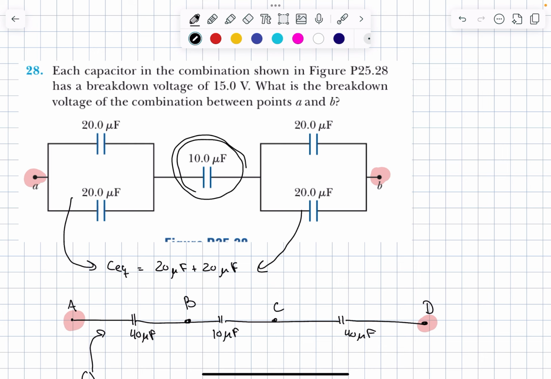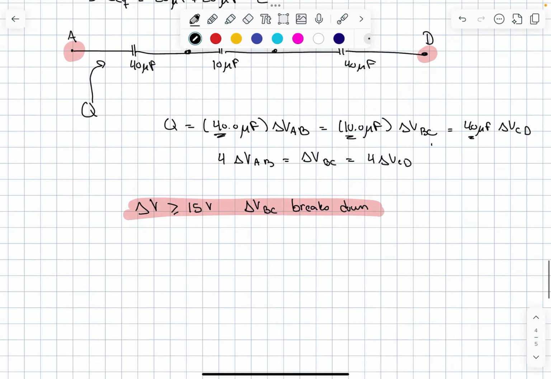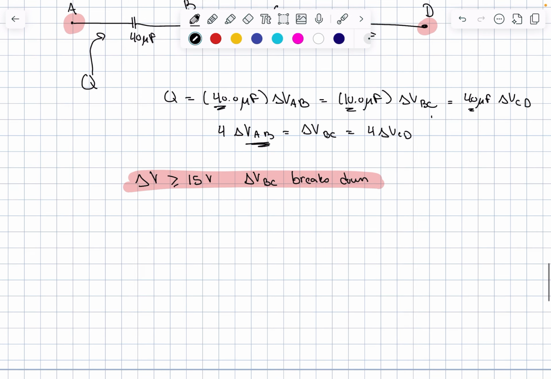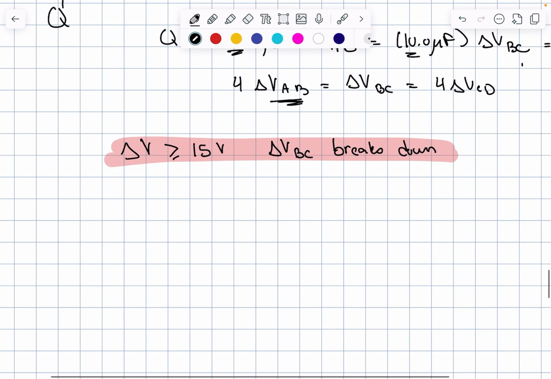So when we get 15 volts, this guy is going to go first. And the reason for that is because delta V across AB is going to be a quarter of that across BC. And then we know that at that point, delta V AB is equal to delta V CD.